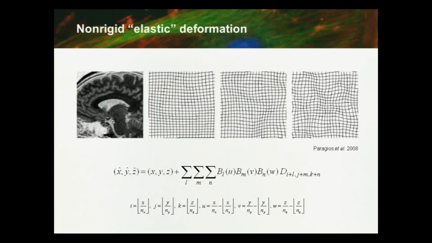The new pixel position is computed from the position in the starting point and interpolated from the displacements of the nearest cross points using B-splines. Well, forget about the formula. It's just to show you how this is roughly done, using a coarse grid that is deformed in every cross point, and then you can interpolate for every pixel what should be the transformation.